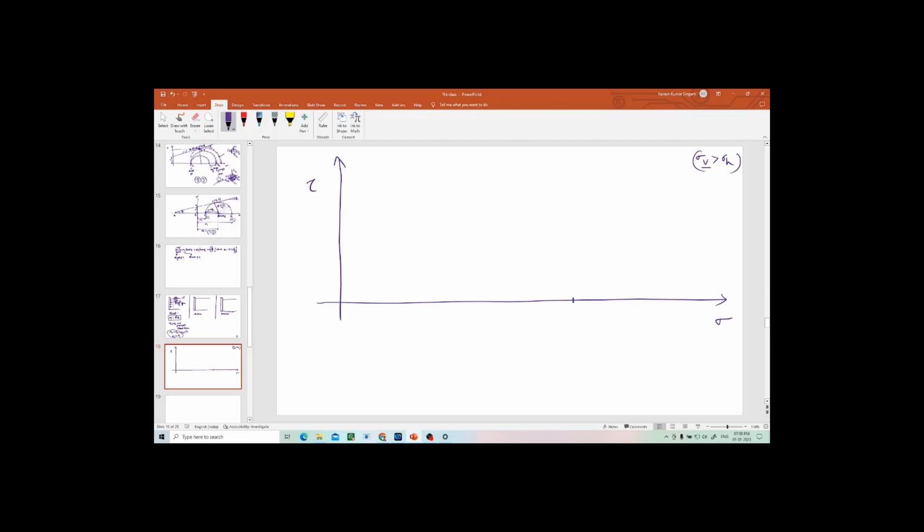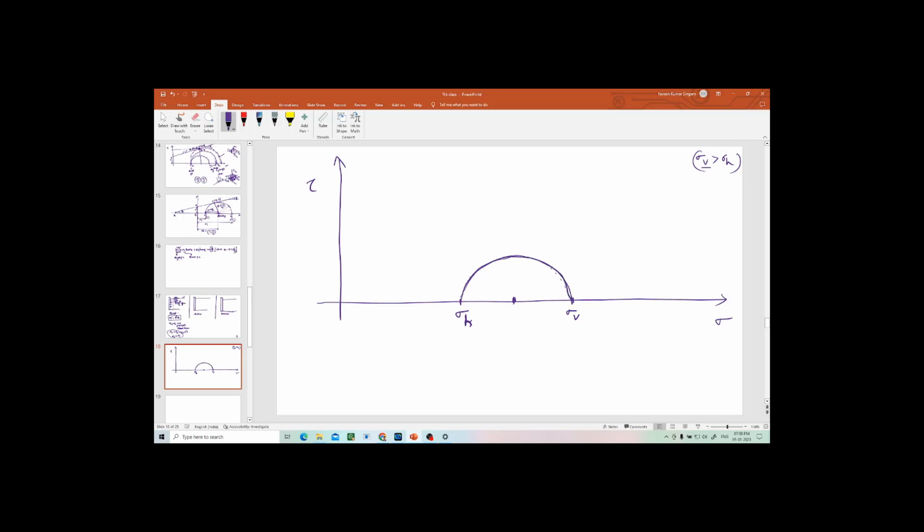So you can draw sigma v here because that is greater, and sigma h here. Now when you know this, you can find the center of these two points. After finding the center, you know the radius, then you can complete the circle. So now I completed the Mohr circle.